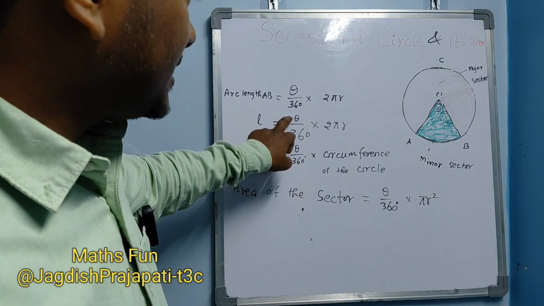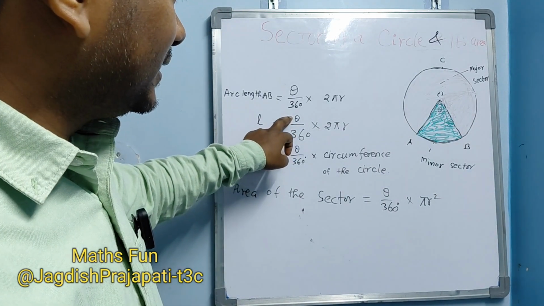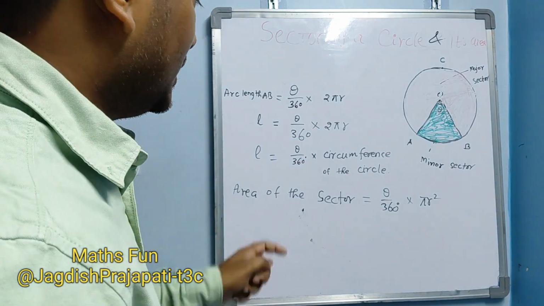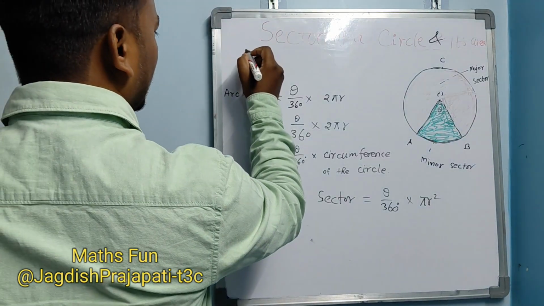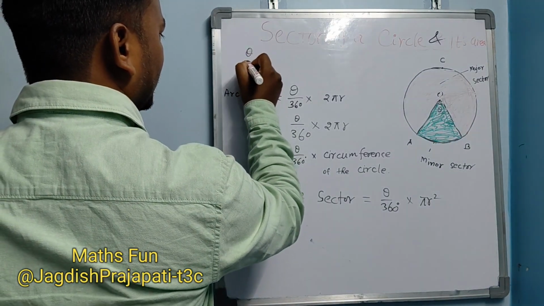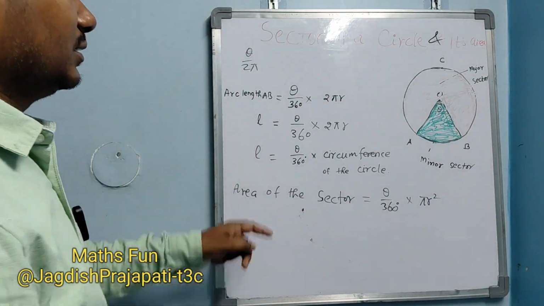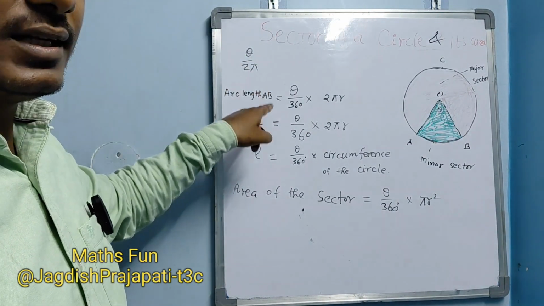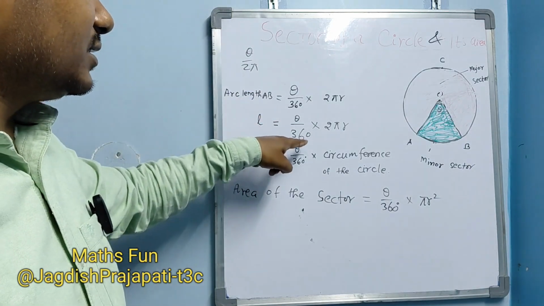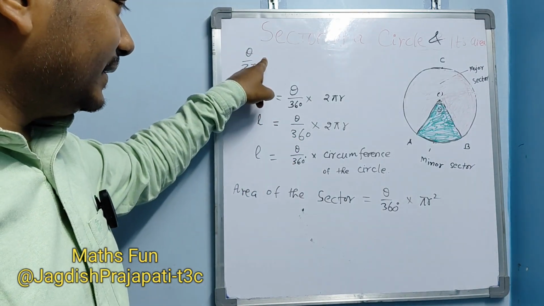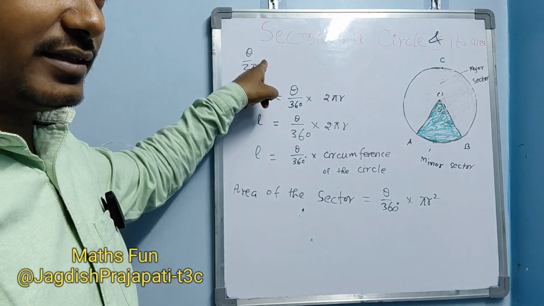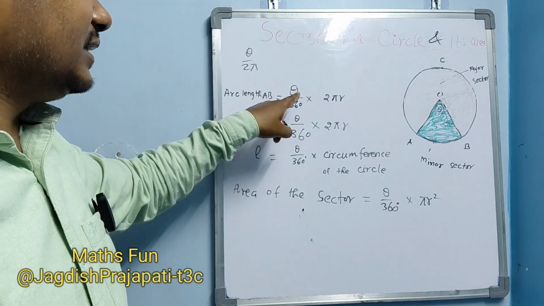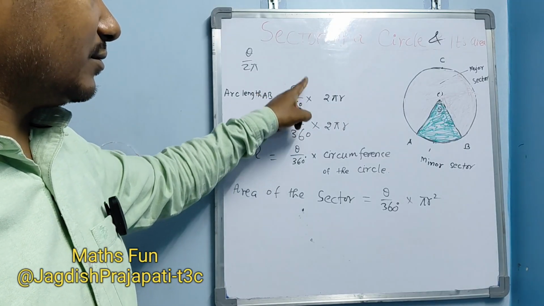See, if this theta is in degrees, then you have to write theta by 360. If it is in radians, you have to write theta by 2 pi, since theta is in radians and this 2 pi is in radians. Okay, so you have to write this fraction if theta is in radians, and if theta is in degrees, then you have to write this fraction.